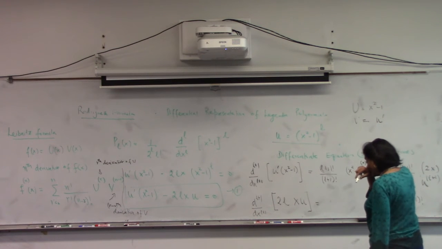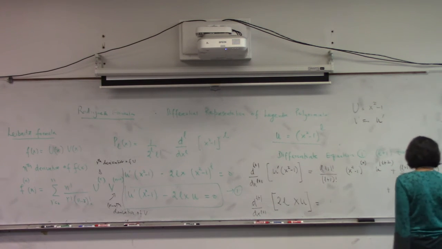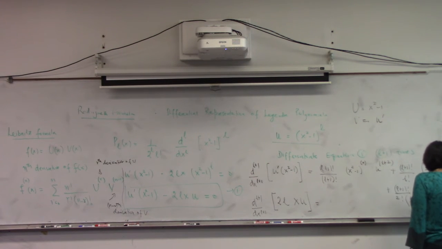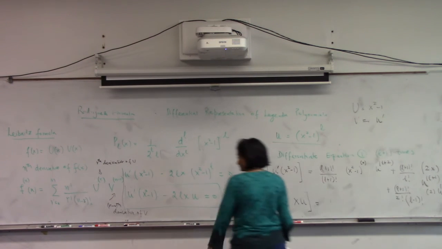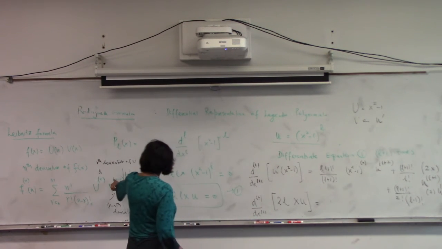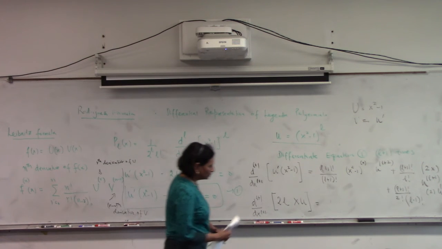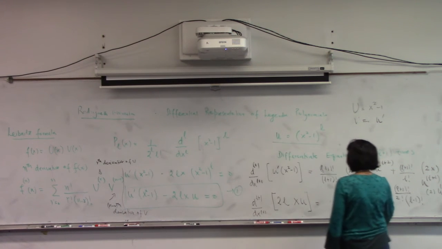L plus 1 minus 2 is L minus 1 factorial. And so the next term is 2, derivative of this. And you can check, the last term will be the Lth derivative of u, right? Because v is u prime, L plus 1 minus 2, so L minus 1, so u prime will become the L derivative. So I'm going to simplify this for you.